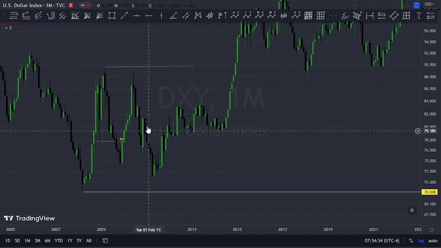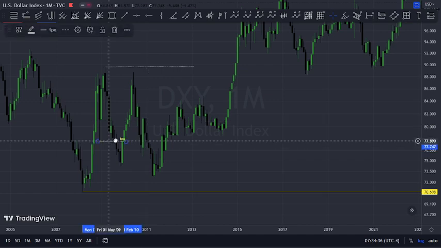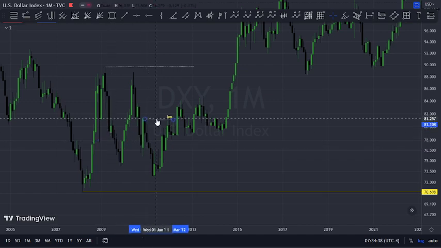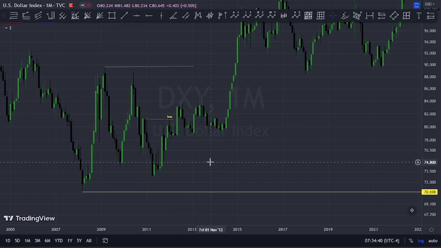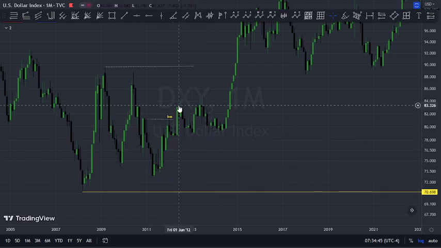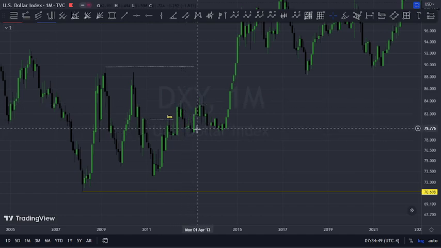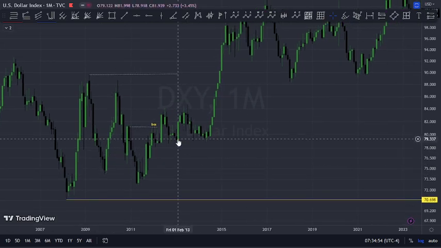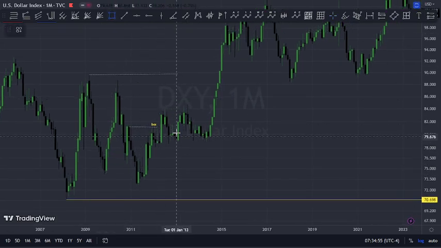Now we had here a breakout structure, changing the structure. Then I'll drop down to the unmitigated order block, then again here, then this is the unmitigated order block, like here one. Let me draw for you guys.